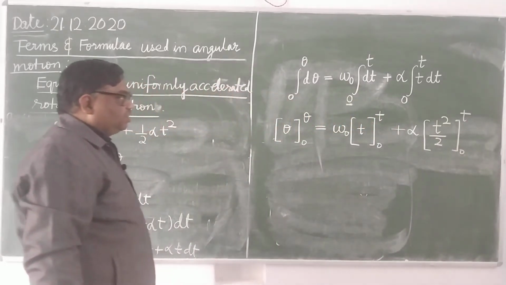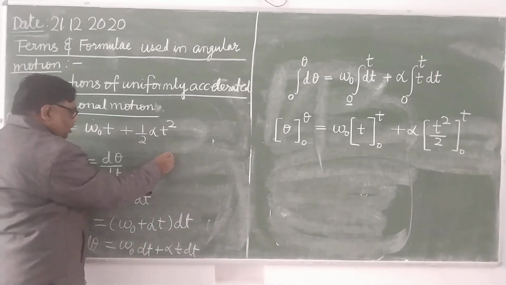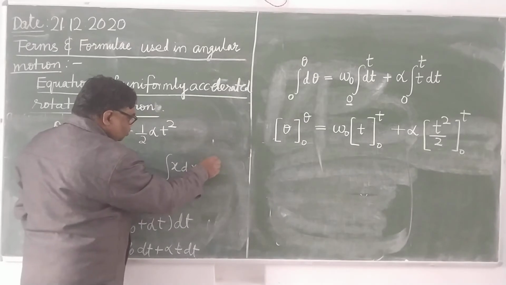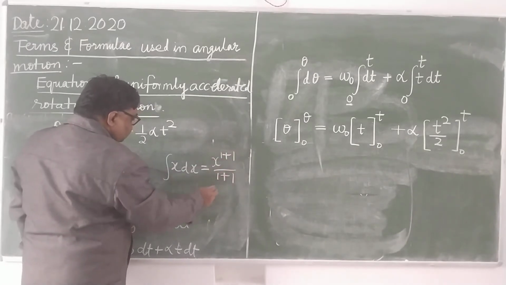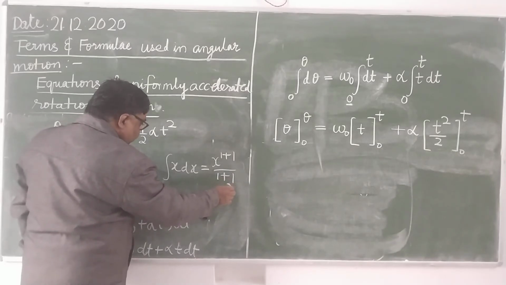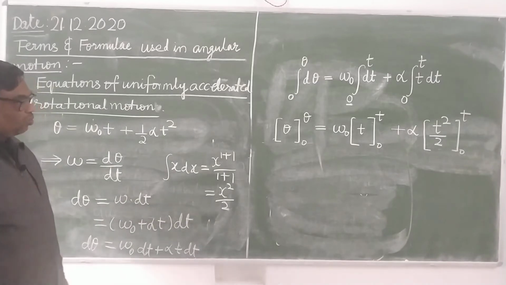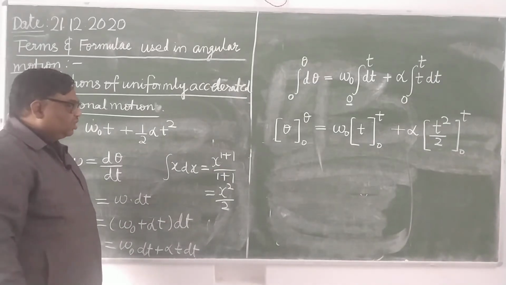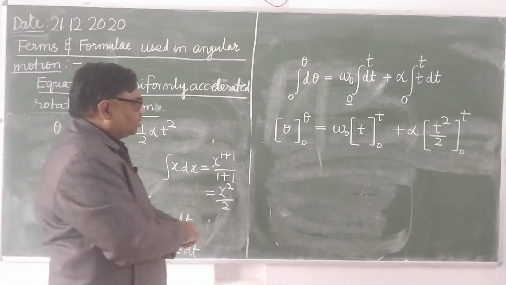Now integral t dt, you can see, integral x dx equals x to the power 1 plus 1 upon 1 plus 1, that is x square by 2. For a detailed explanation, you can watch my videos on differentiation and integration, where I have explained in detail.